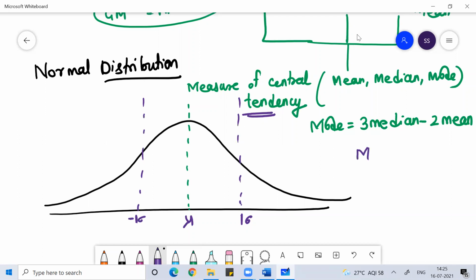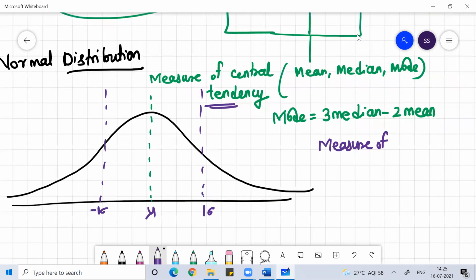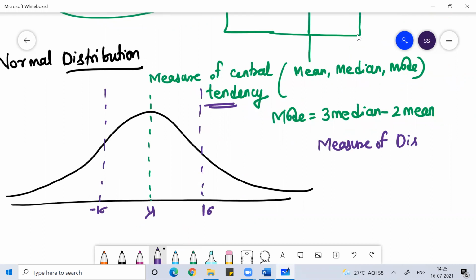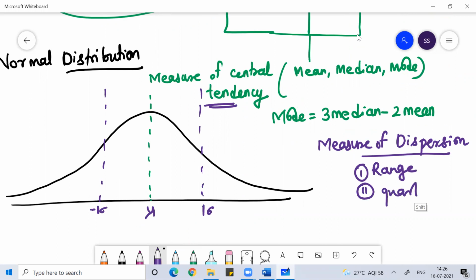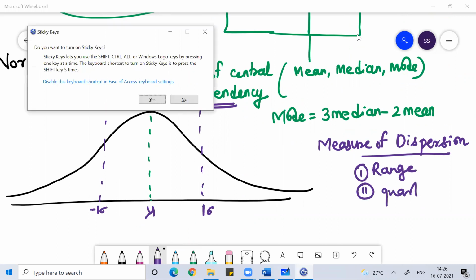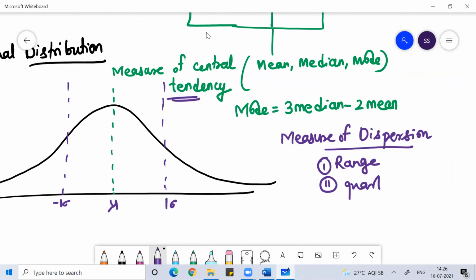When we talk about measure of dispersion, it can be range, or it can be quartile deviation.